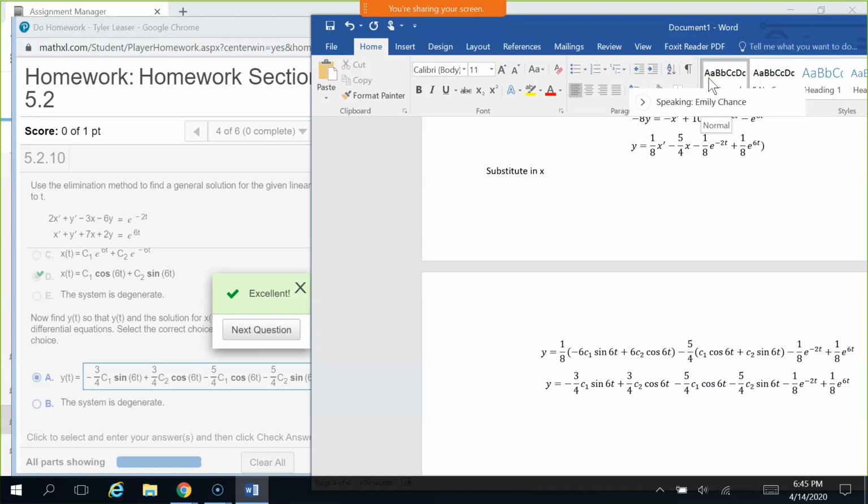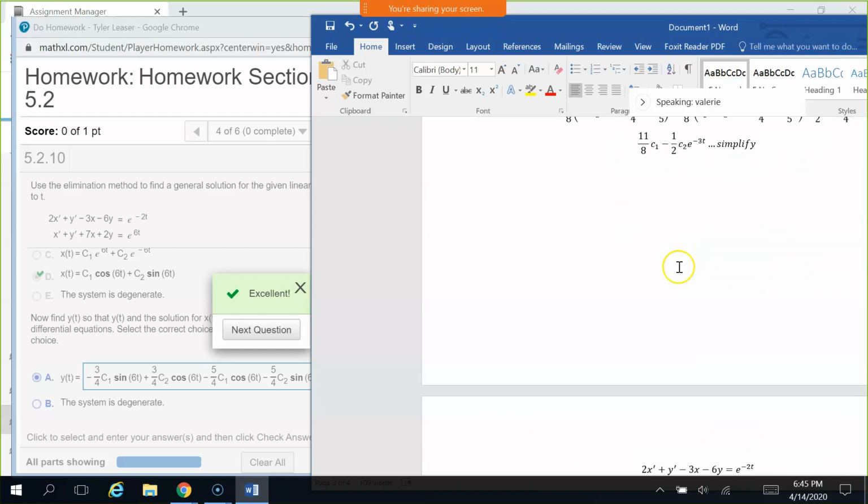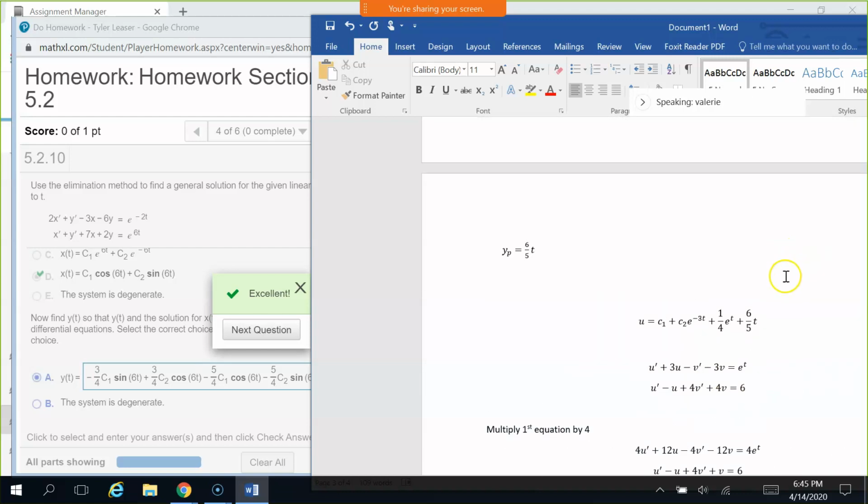I don't think so. It's just a matter of knowing when to do which process. Yeah, it's a lot to keep up with. It is. I mean, it all comes down to the steps.